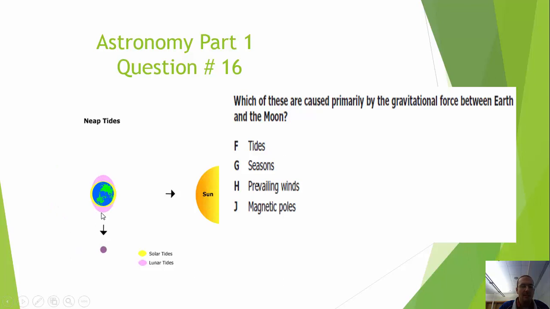So we have our tides, and as they're changing, it's based off of where we're located. Seasons. There's nothing in here that talks about the seasons. As we've talked about before, the tilt of the Earth's axis at 23.5 degrees is really responsible for the seasons. This deals with our direct versus our indirect. Our prevailing winds really have nothing to do with this, along with our magnetic pole.